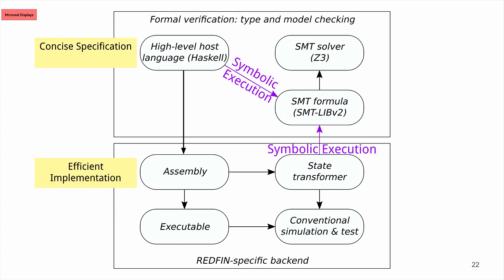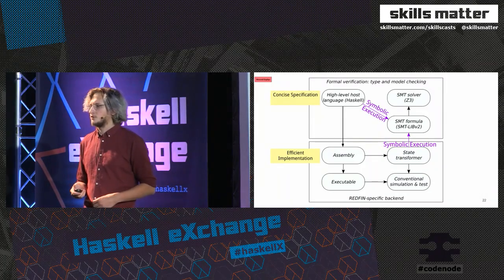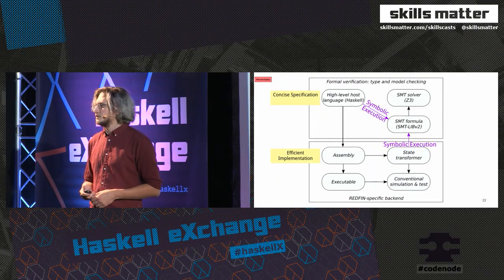And by doing symbolic execution of both the specification and the assembly implementation, we can do an equivalence proof that the efficient assembly implementation refines the simple and concise Haskell specification. And we can also generate code to be executed on the real hardware, but that's just a simple code generation problem. Nothing too difficult happens here.